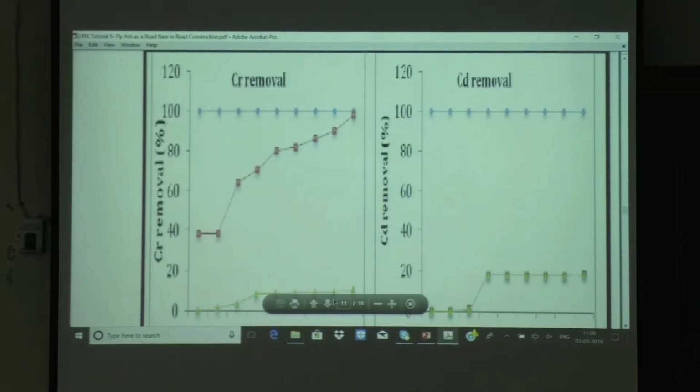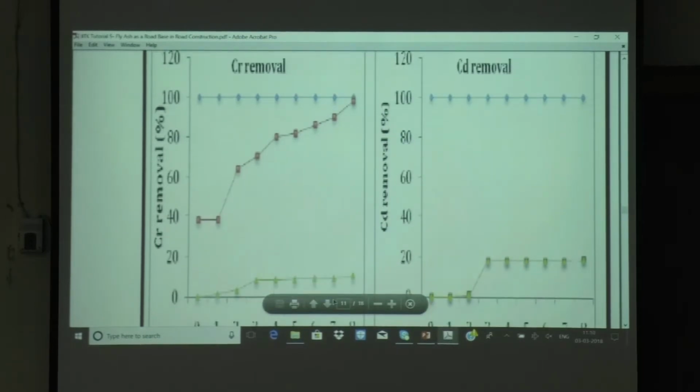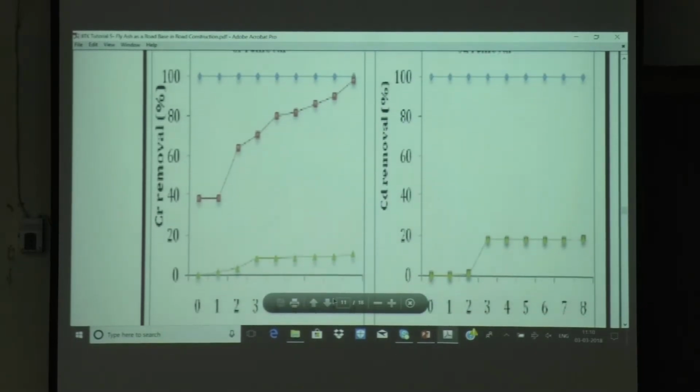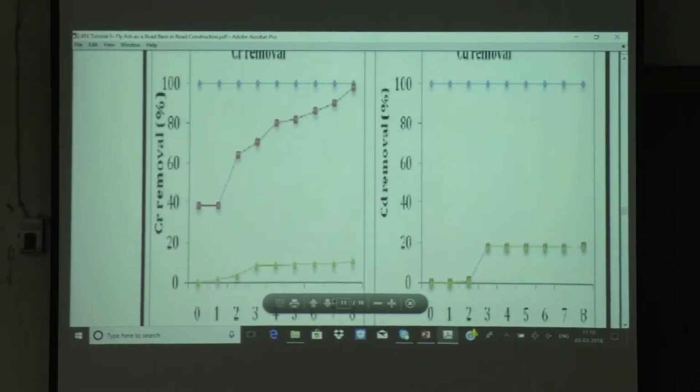So this is the 100% line, and this is how it can show that with more time you can get rid of chromium.